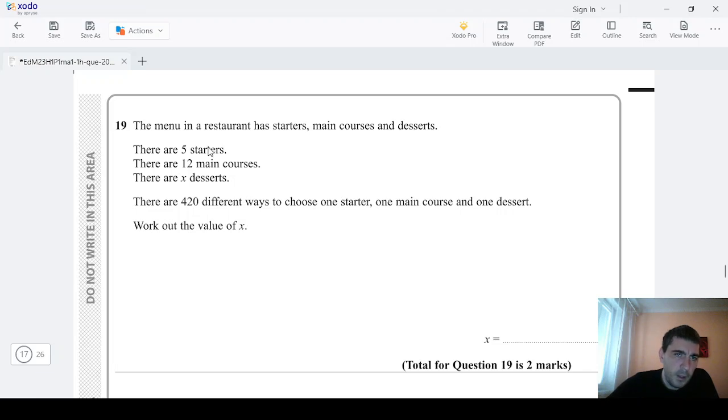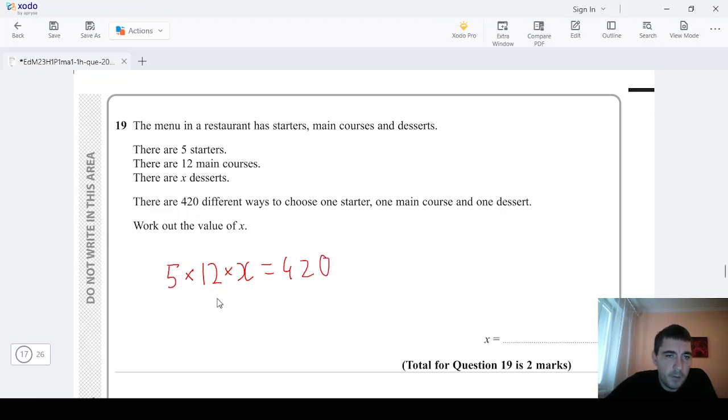So in this we just check how many possible combinations we can make. If we had the starters only, there would be 5 different options. Now if we top up with 12 main courses, that's 5 times 12. And we don't know how many desserts, so just times it by X, and it says there are 420 different combinations, so that's equal to 420.